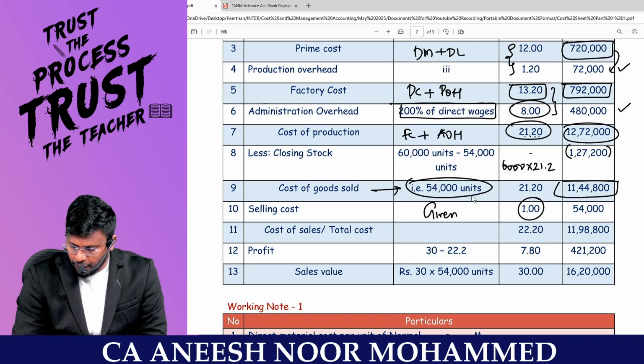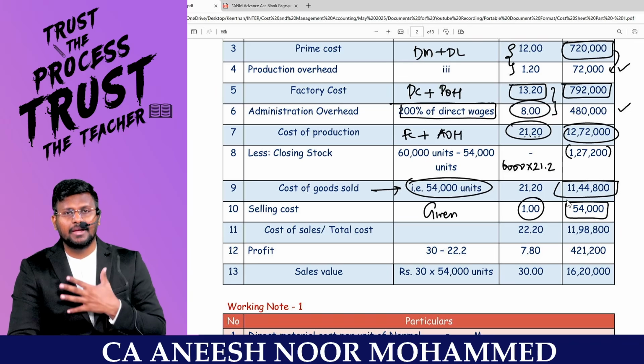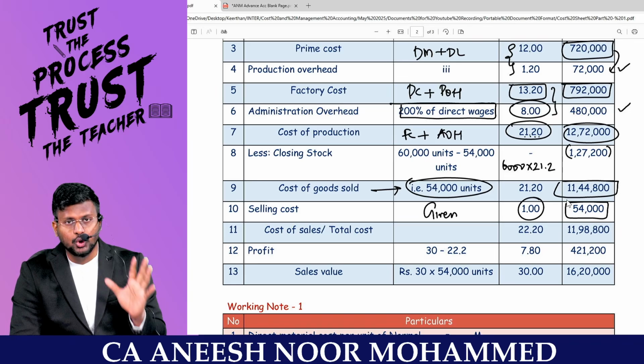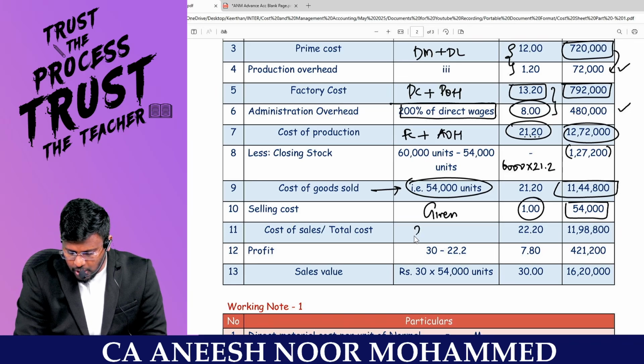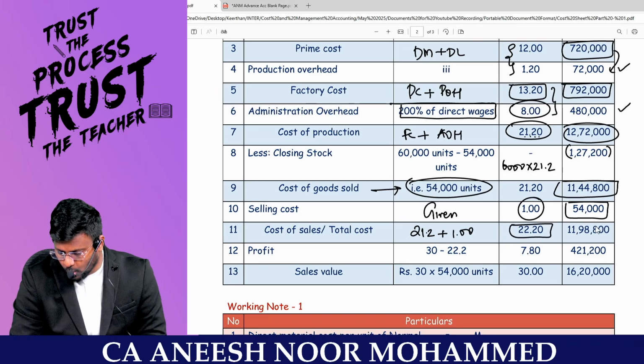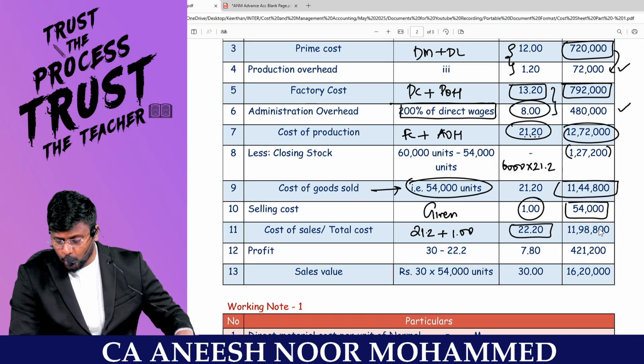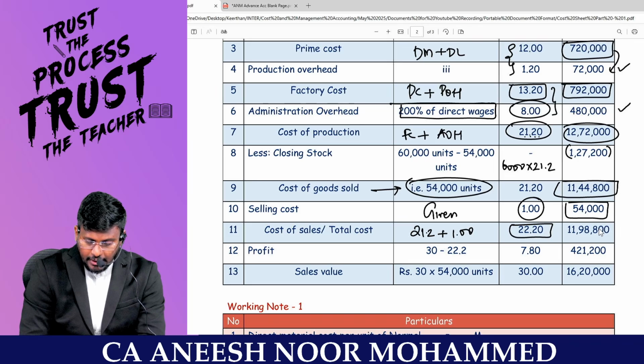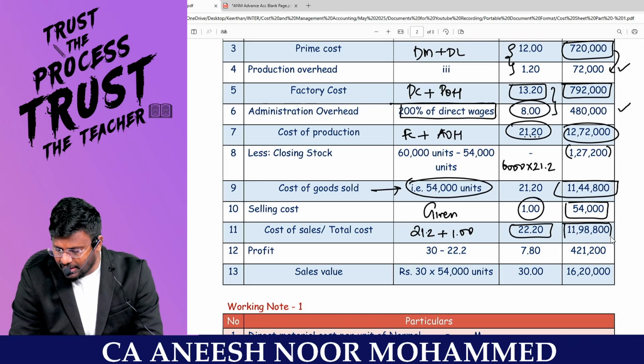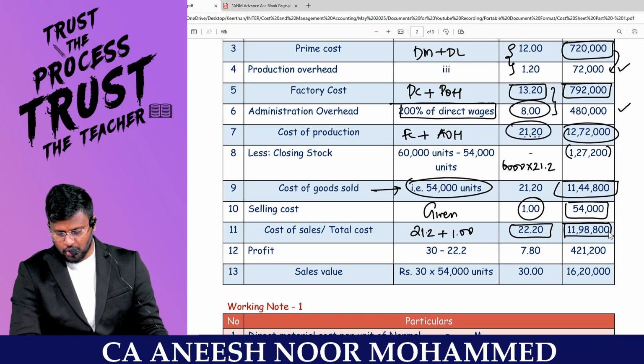So for 54,000 units into 1, we will be incurring 54,000 rupees. So the cost of sales or the total cost will be 21.2 plus 1 rupee comes to 22.2. 22.2 into number of units sold, so 22.2 into 54,000 units we have sold, 11,98,800, my dear lovable students.